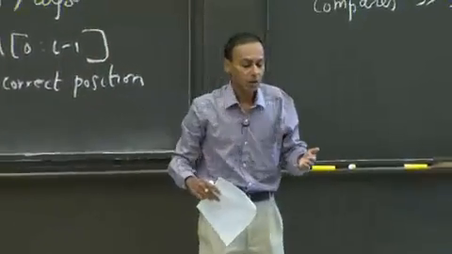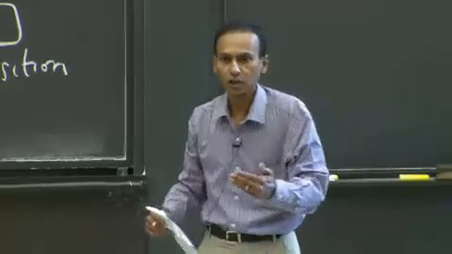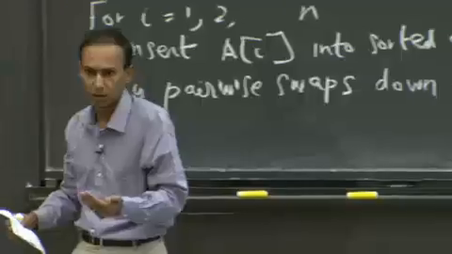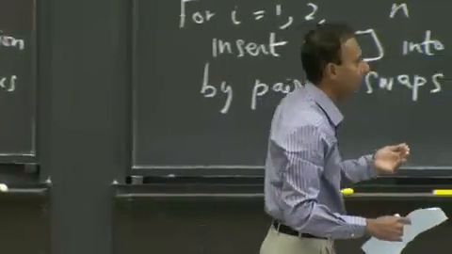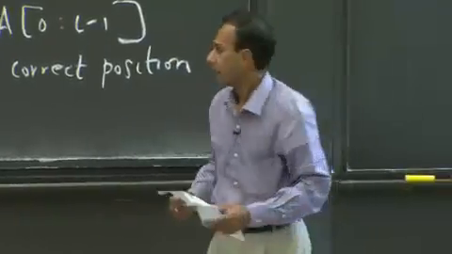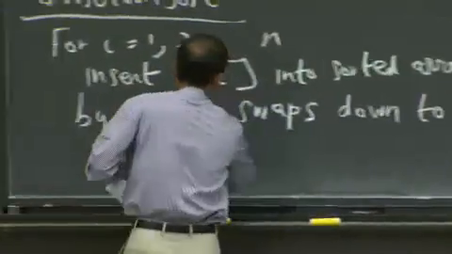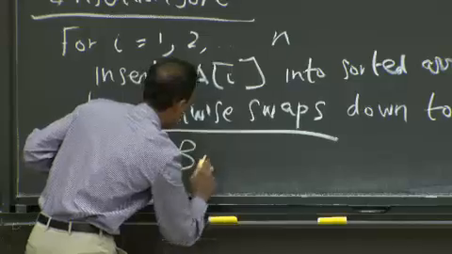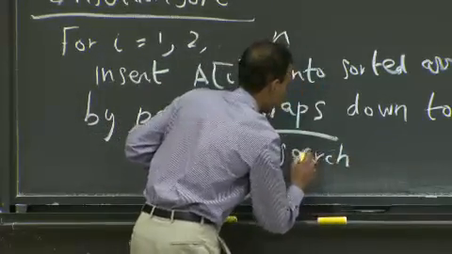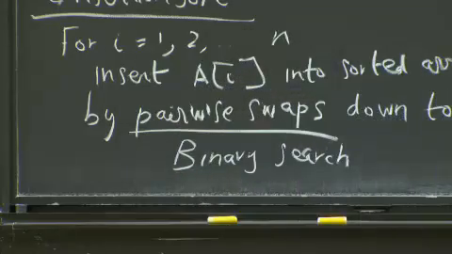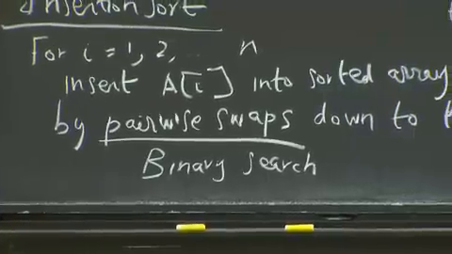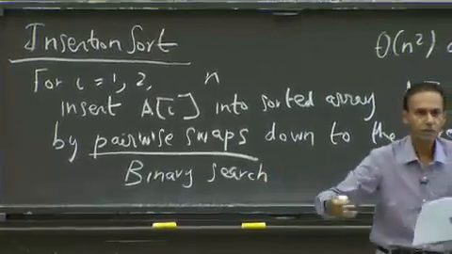Okay, and so you can take insertion sort and trivially turn it into a theta n log n algorithm if you're talking about n being the number of compares. And all you have to do is to say, you know what, I'm going to replace this with binary search. And you can do that, and that was the key observation, because a of 0 through i minus 1 is already sorted, right?